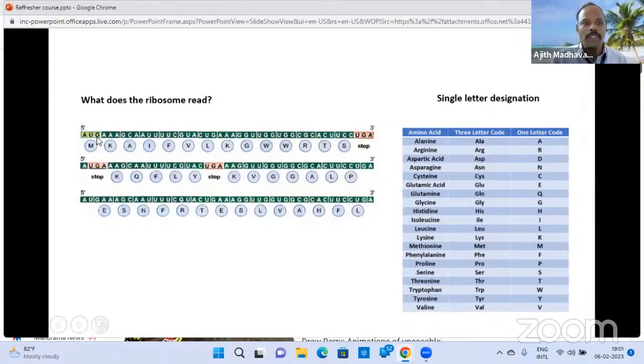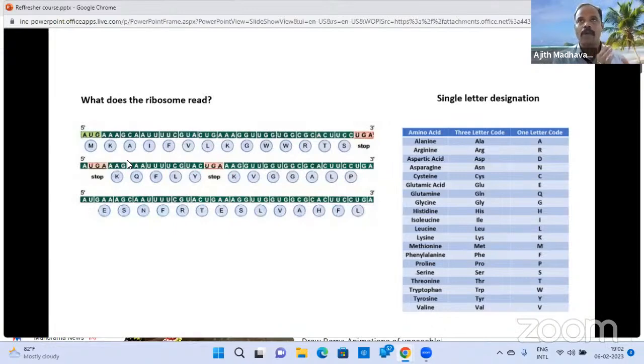It initiates, elongates and terminates. Don't worry about the other two pictures in the diagram, which tell you what is not an open reading frame. Open reading frame looks like this.